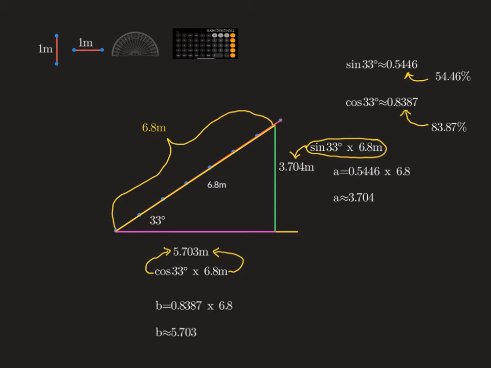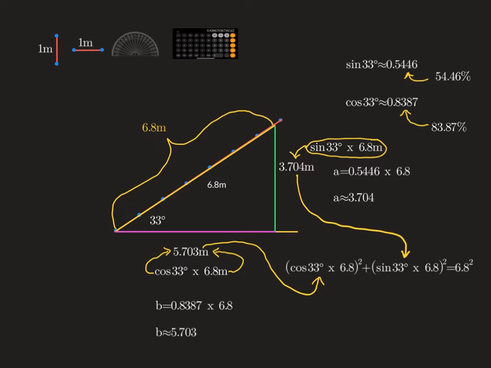Well, the Pythagorean theorem says that this side squared plus this side squared is equal to the longest side squared. Well, this side down here is cos of 33 degrees times 6.8. This side over here is sine of 33 degrees times 6.8, about 3.704. The other one's about 5.703.